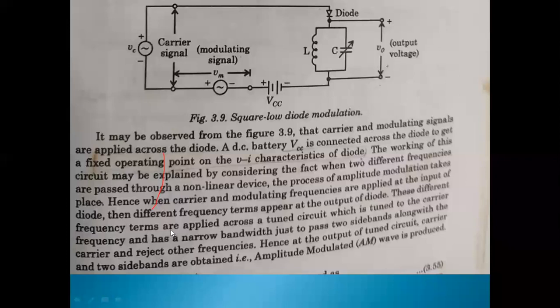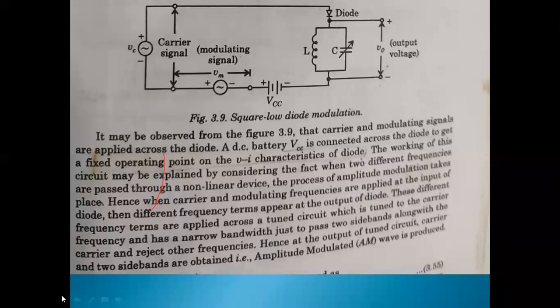Now the different frequency terms are applied across a tuned circuit, which is tuned to the carrier frequency and has a narrow band just to pass the two side bands along with the carrier and reject other frequencies. Hence at the output of the tuned circuit, the carrier and the two side bands are present.